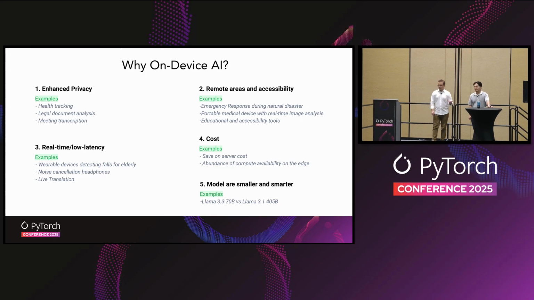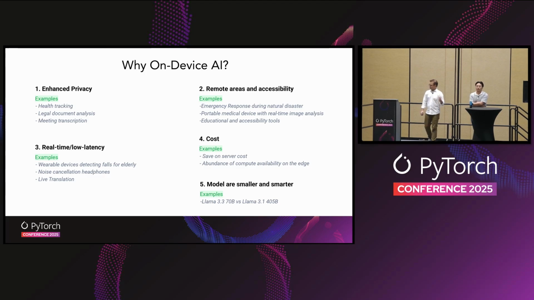It improves the latency by making sure that the data does not need to do that round trip to the servers, and saves cost by running these ML workloads at the edge rather than on those expensive GPUs. It gives you remote access without requiring networking.